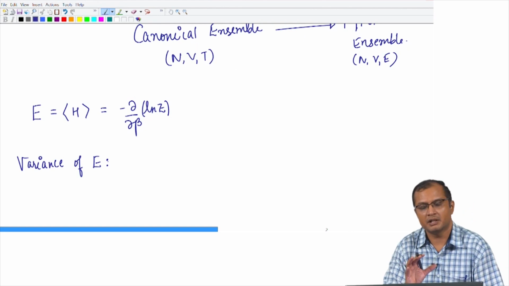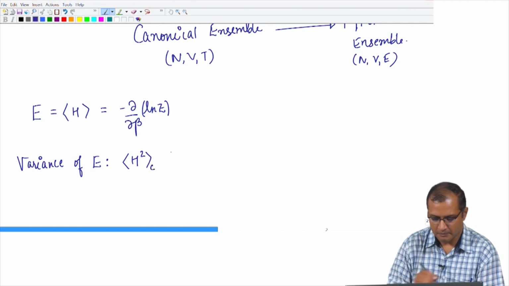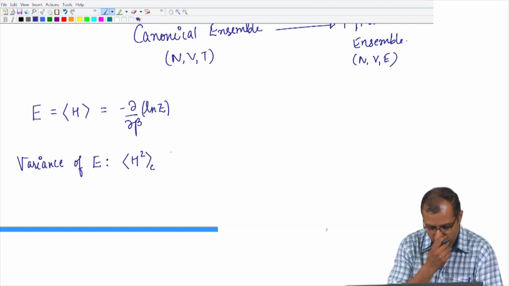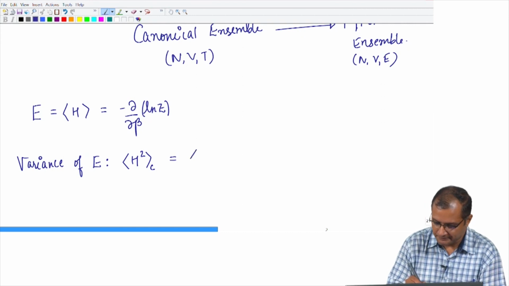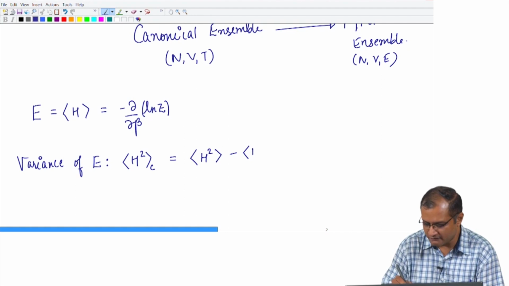The variance would be the second cumulant of the Hamiltonian. Now this is defined as the second moment minus square of the first moment.